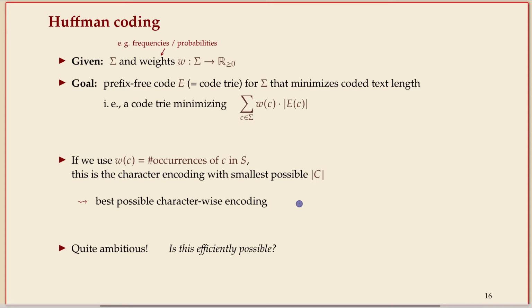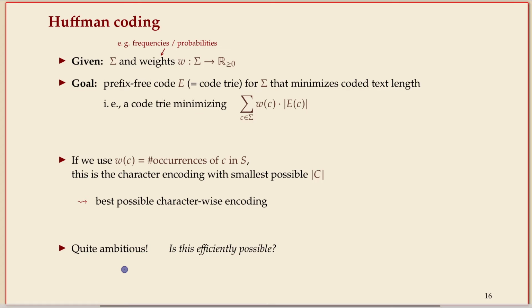Okay, that's the same as I just wrote down. And in a sense, if we minimize this coded text size, that's clearly the best possible character-wise encoding we can hope for. Because we explicitly say, let's pick the code that minimizes that. So that's the code that gives you the minimal coded text size.